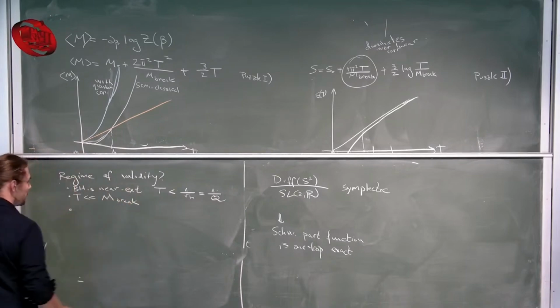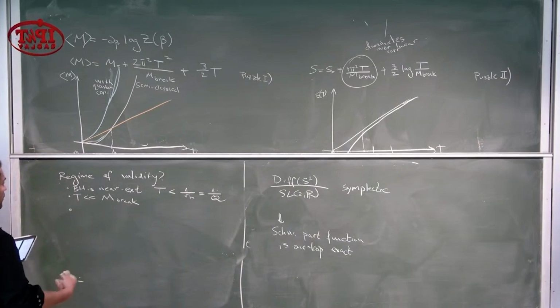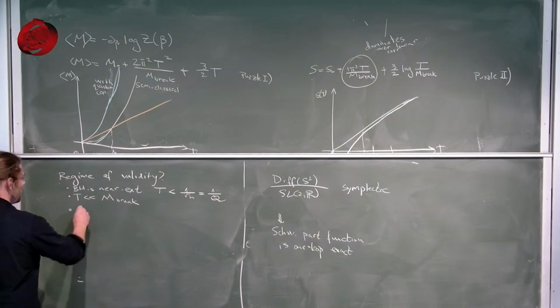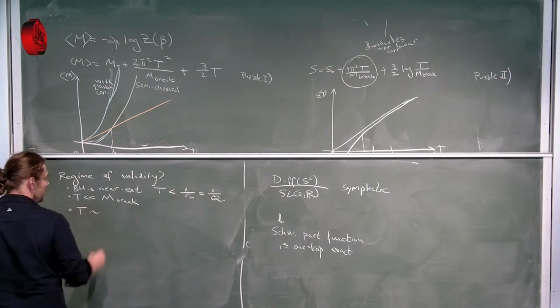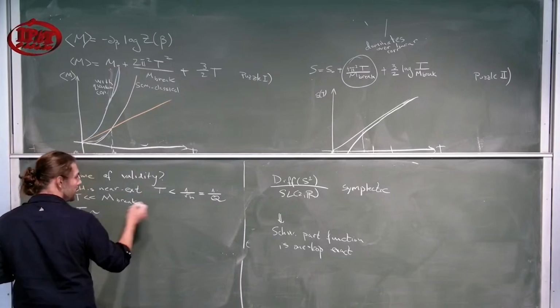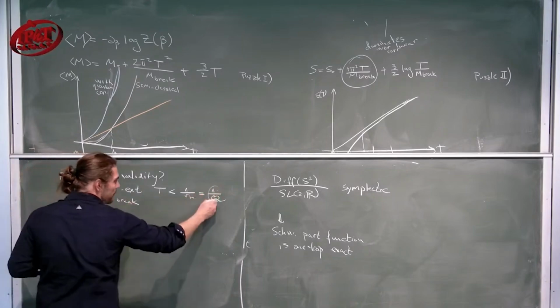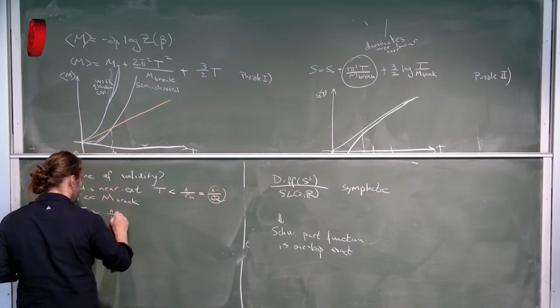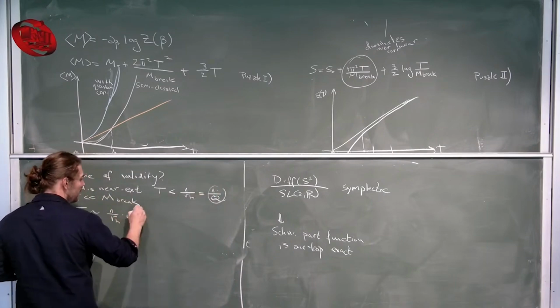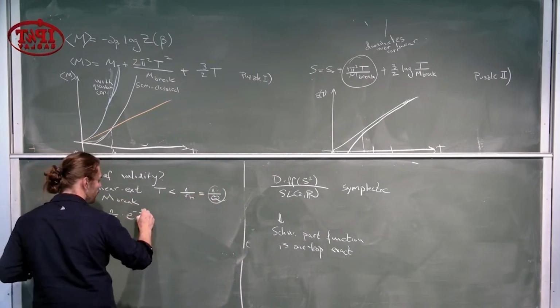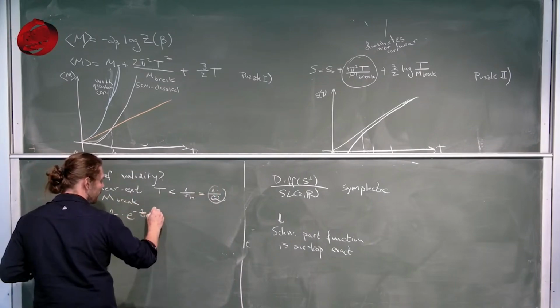But it might become invalid when non-perturbative effects become important, or when T scales like some number, perhaps like 1 over RH times e to the minus 1 over G Newton and something.